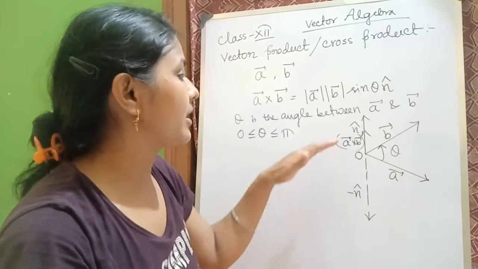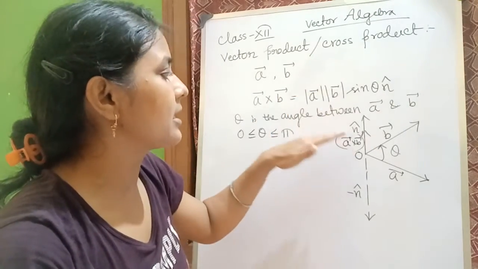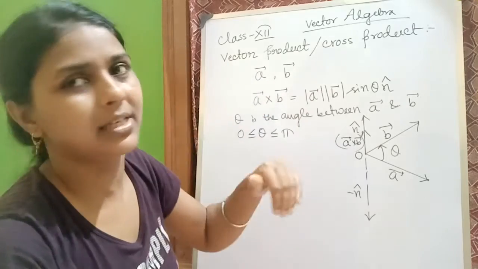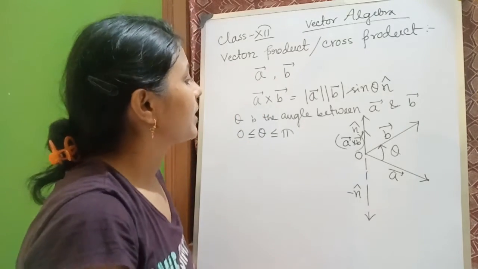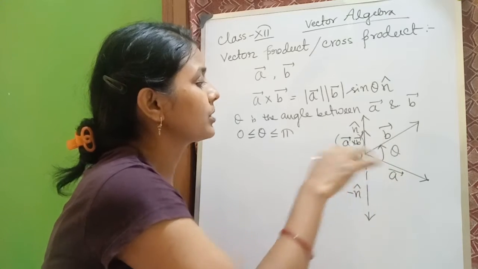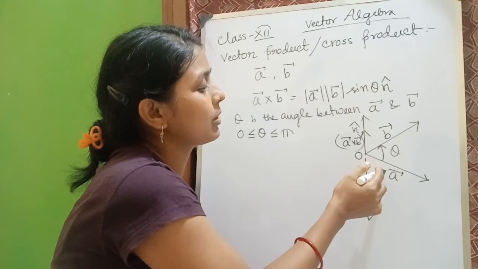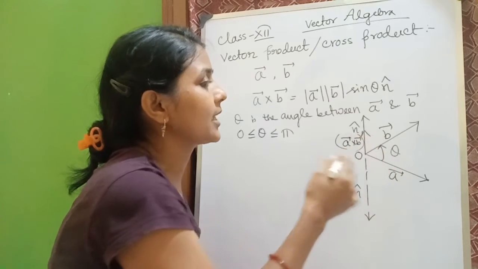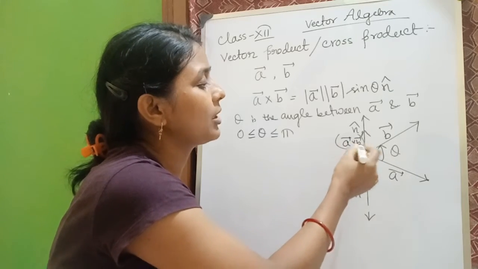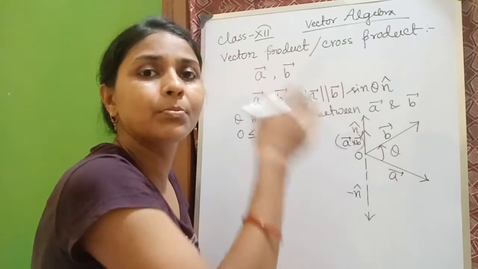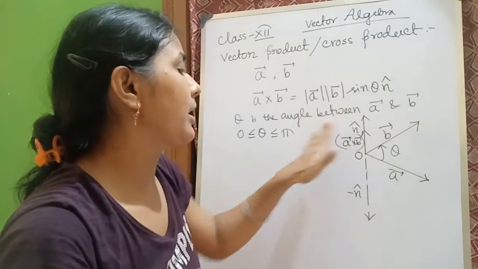But the cross product's result is a vector itself, that's why its name is the vector product. So this is a right-handed screw system, where if you go from A to B and take the cross product, then you get A cross B perpendicular to both A and B.